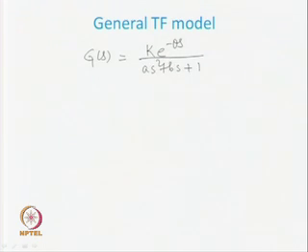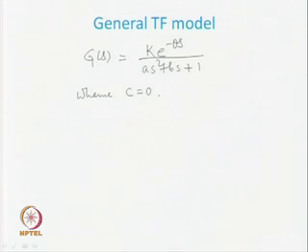The generality of the transfer function model can be explained by this fact: when G(s) is given in the form k e^(-θs) / (as² + bs + 1) and various values of c are chosen, for example c equal to 0.